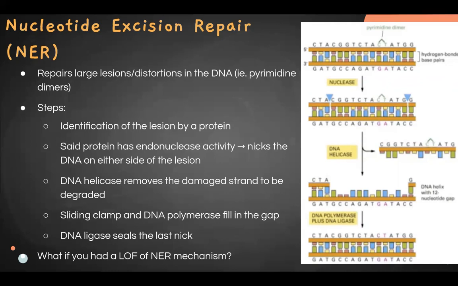And so in this one, like the other ones where there's endonuclease activity, endonuclease is going to nick the DNA on the other side of the lesion to break these phosphodiester bonds, which allows DNA helicase to remove the DNA that was damaged, and it'll be degraded.